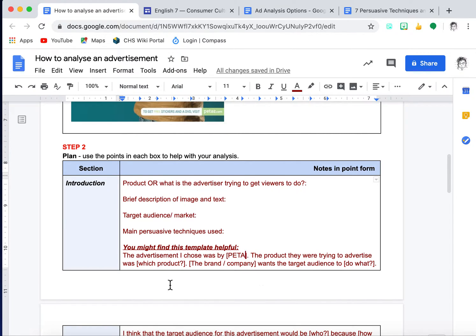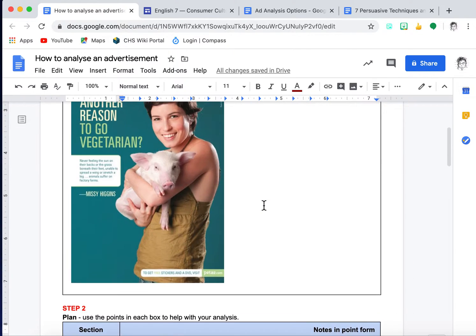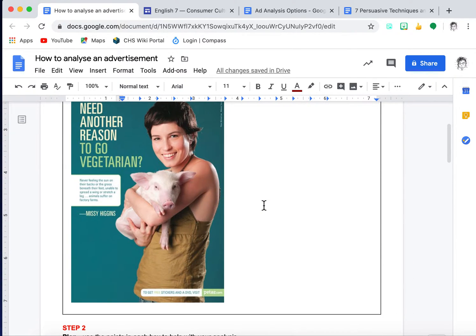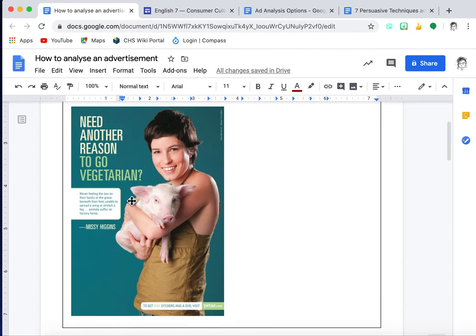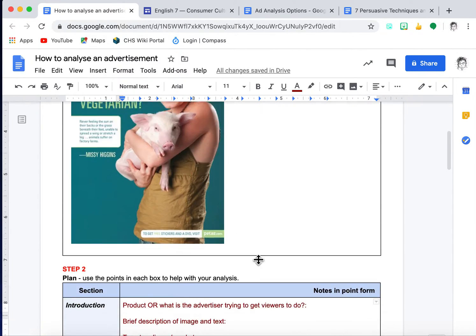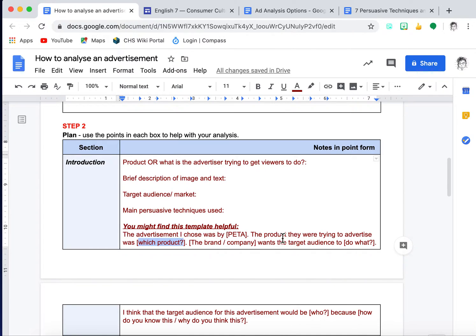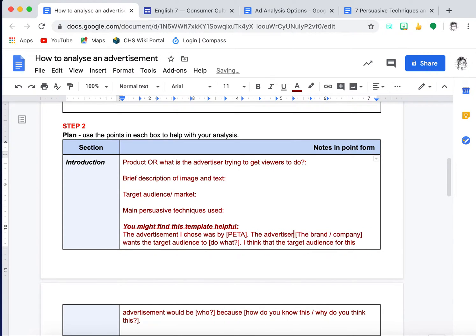The product they were trying to advertise was... Well, this is also quite a tough one because the product itself is a little bit sneakier than just, buy this lipstick. It's, in fact, trying to persuade viewers to actually change their behaviour. So you would probably have to alter this slightly to say that the advertisers are trying to convince viewers to change their eating habits.